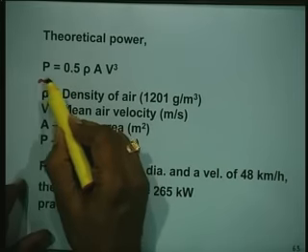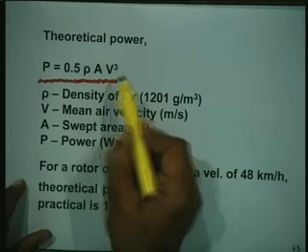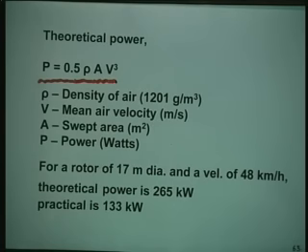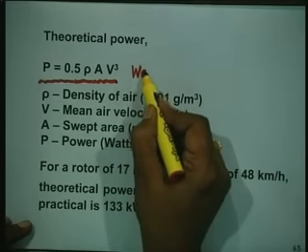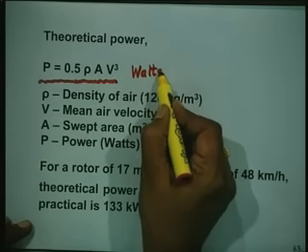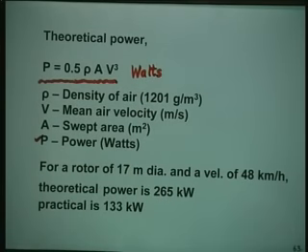Theoretical power. The power generation is given by this equation: P is equal to 0.5 rho A V cube. Of course, this is in watts. 0.5 is 0.5, I do not have to explain what that is, half.